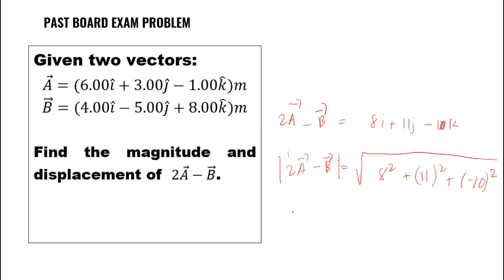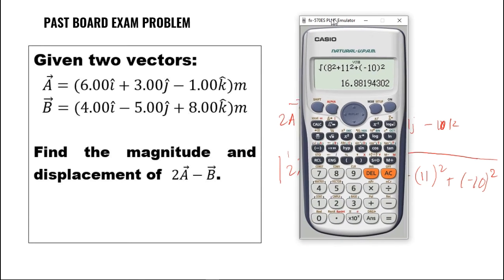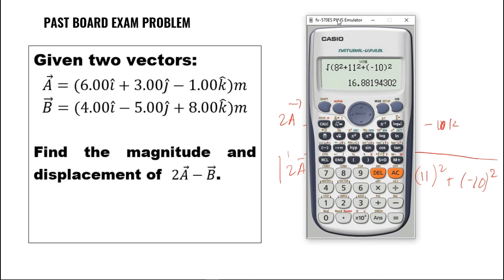Then you just input that in the calculator. So the magnitude is 16.88. So our answer, guys, 16.88, is the magnitude of 2 vector A minus vector B.